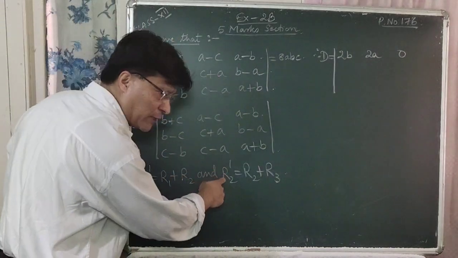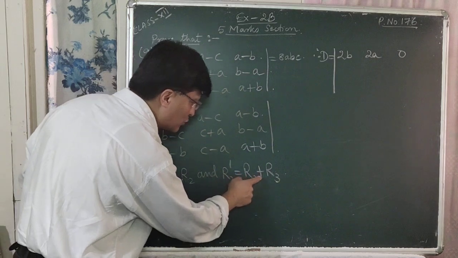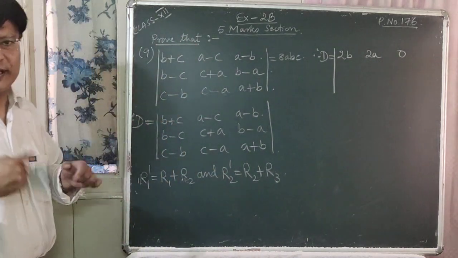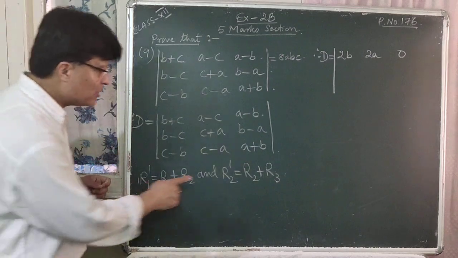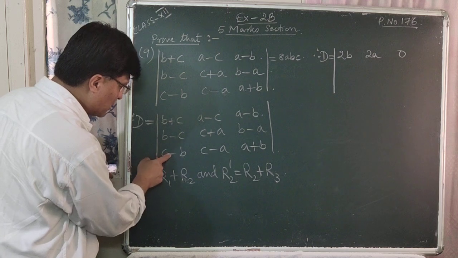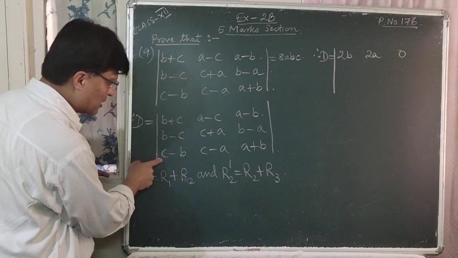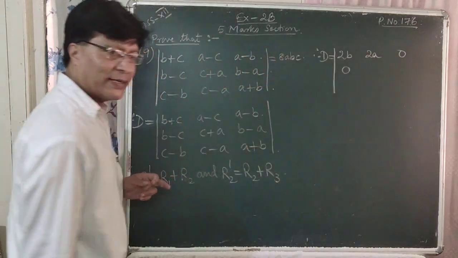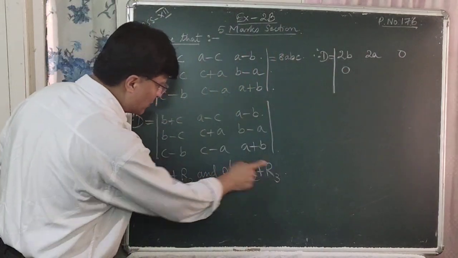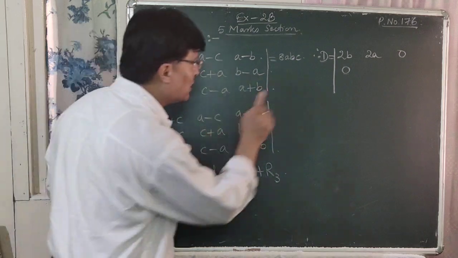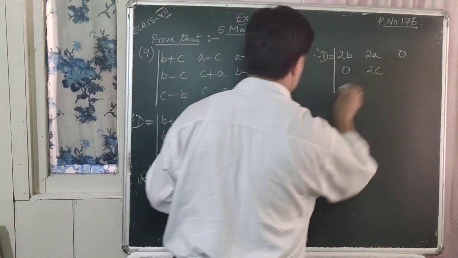Now again, which property is used? r2 dash is equal to r2 plus r3. Now the second row is changing. How does it change? r2 plus r3. Now b minus c plus c minus b, b gets cancelled, c gets cancelled, that means you will get 0, right? Next, r2 plus r3 again, c plus c is 2c, a gets cancelled, so write down 2c here.